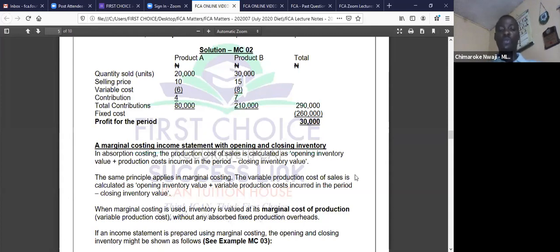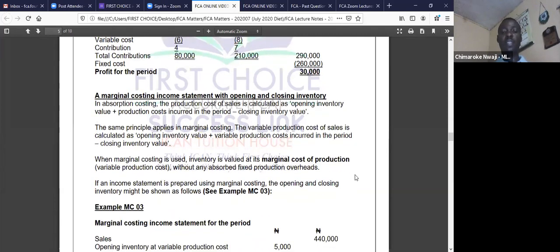Everything there should be variable. When marginal costing is used, inventory is usually valued at its marginal cost of production, or we can call it variable production cost, without absorbing any fixed production overheads. All right. Now, if an income statement is prepared using marginal costing, this is the kind of thing you might see.